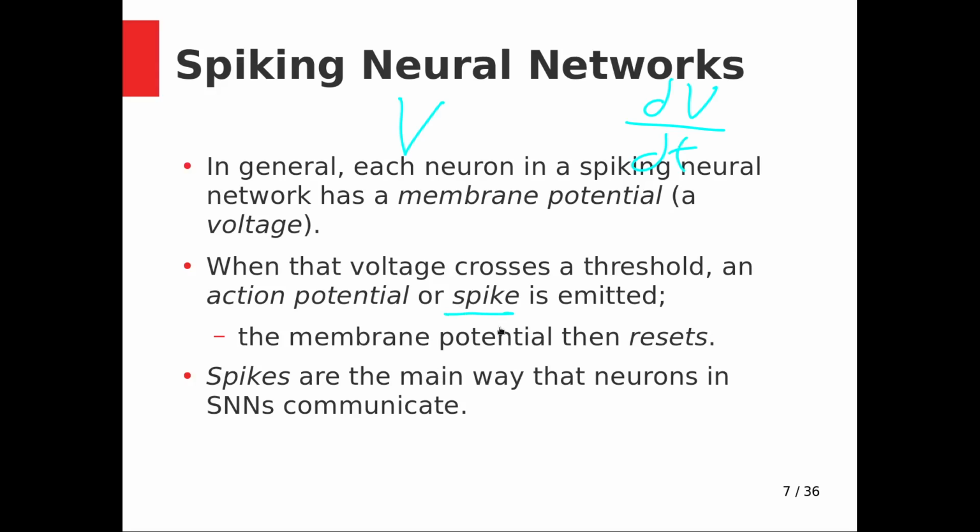The membrane potential then resets afterwards. So membrane potential goes up, spike, reset. Technically, there's a little refractory period down here where the neuron will not spike, but we're not really going to worry about that in a lot of our models.